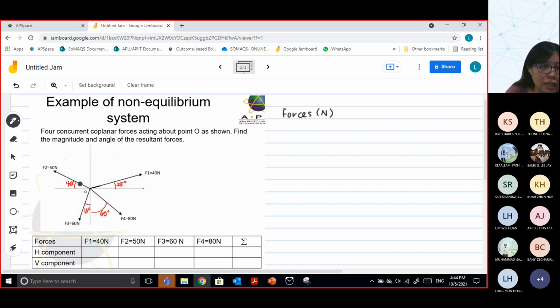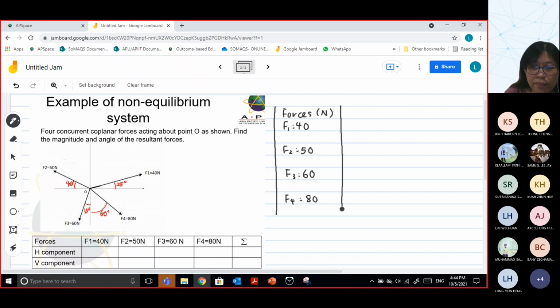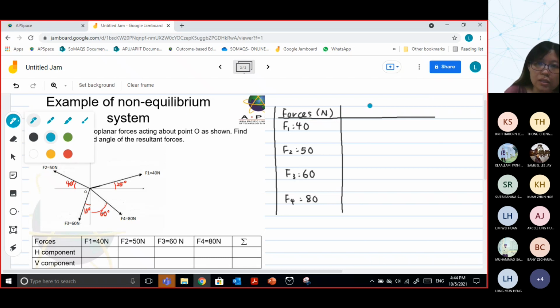So we have F1, which is 40 N. F2 is 50 N. F3 is 60 N. And F4 is 80 N. Okay, so now let's start with the horizontal component.